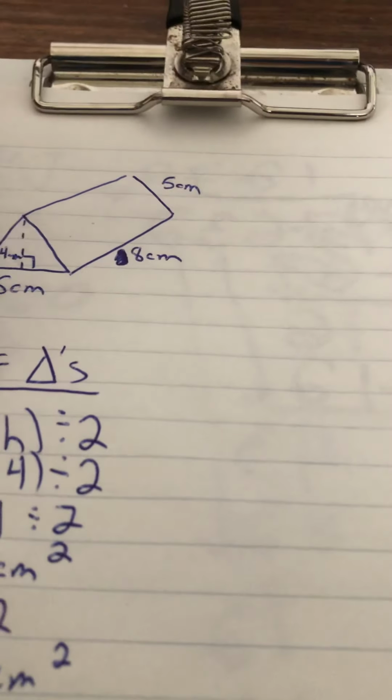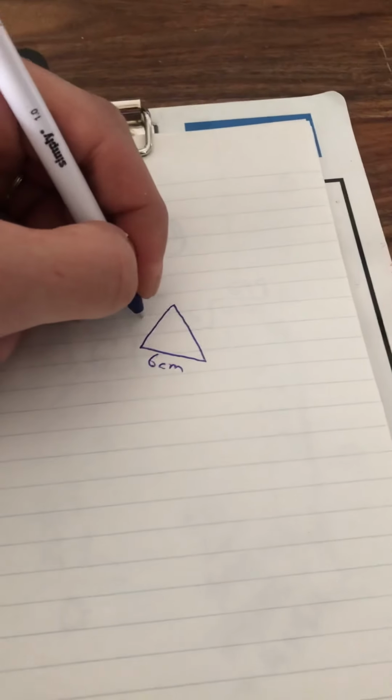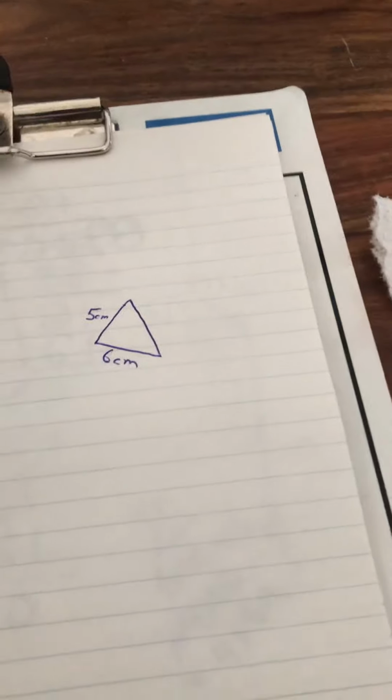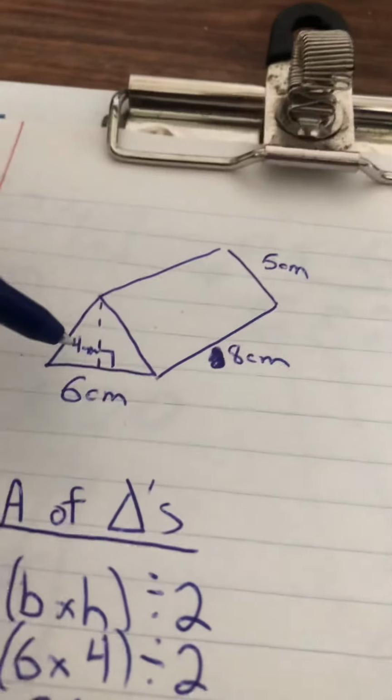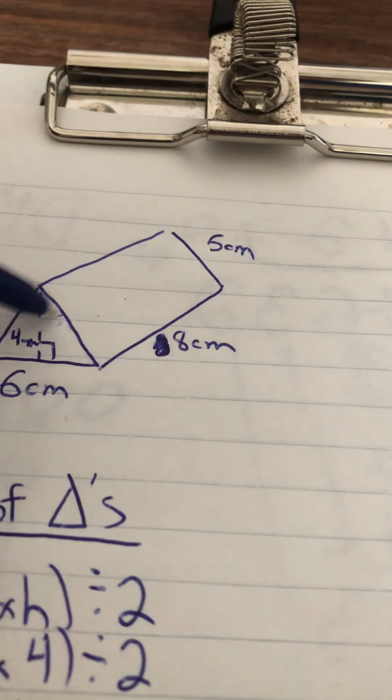Now we're going to have 3 rectangles here. One way we can do this is by drawing a net. So if we drew out our triangle here, we have one side at 6 centimeters for our bottom, one side at 5 centimeters, and it doesn't say what this side is, but if this is labeled 5, then we know this will be 5.